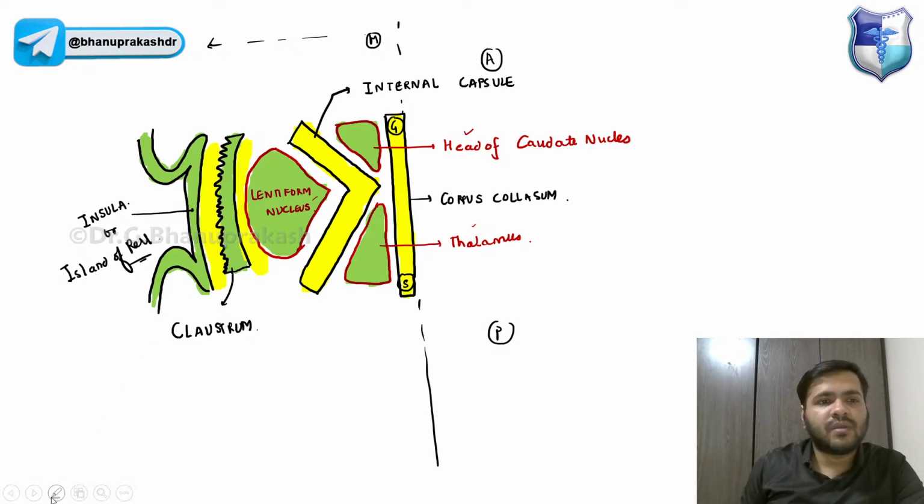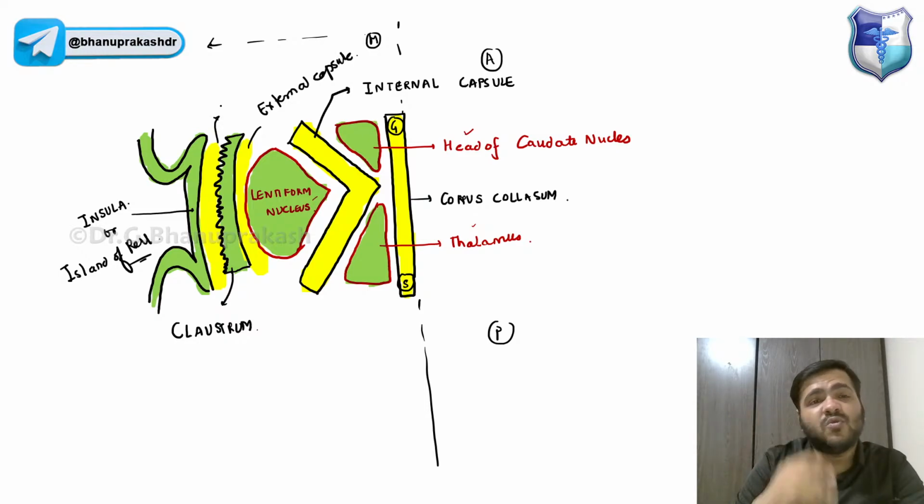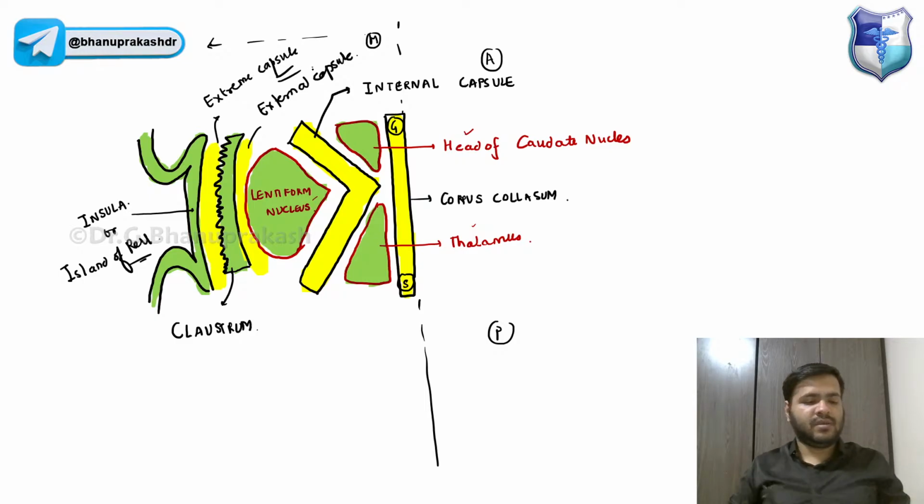These two: one is called the external capsule, and the most outer one, the most lateral one, is called the extreme capsule.